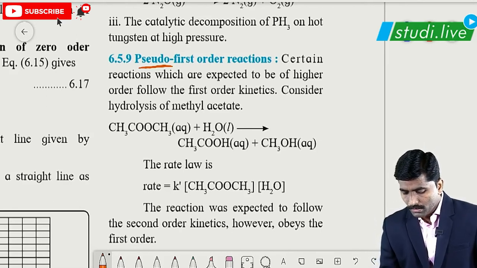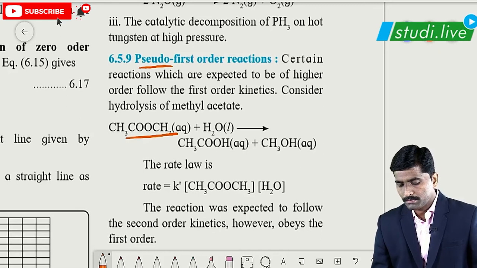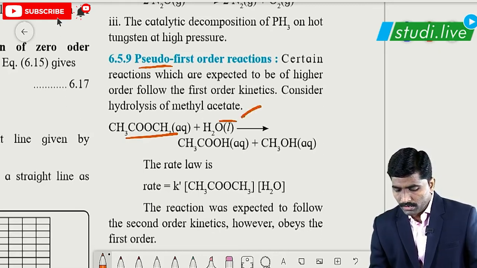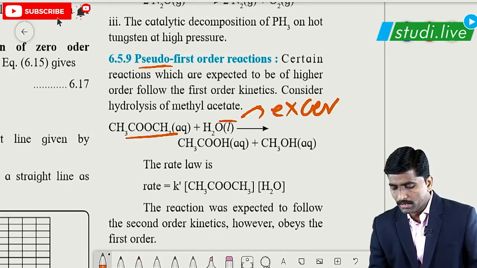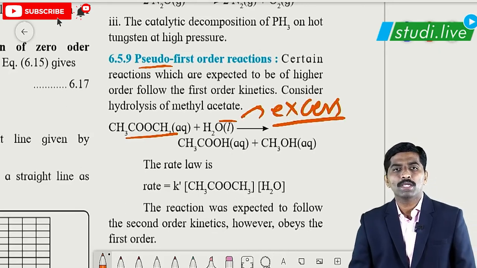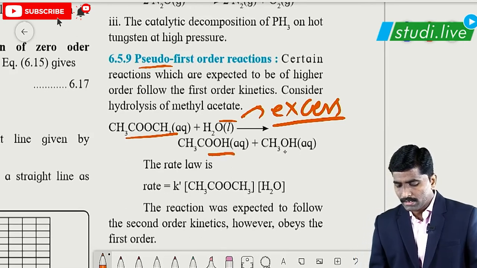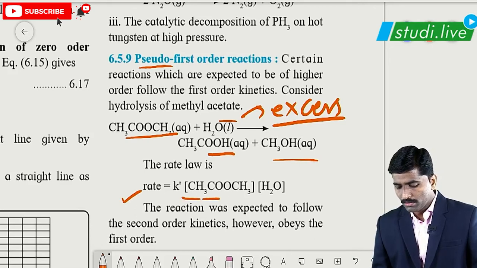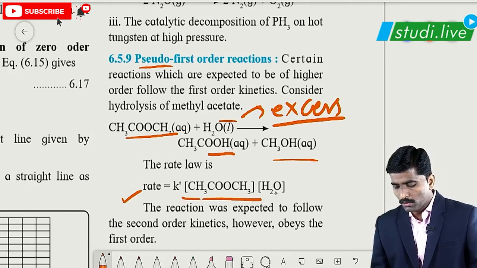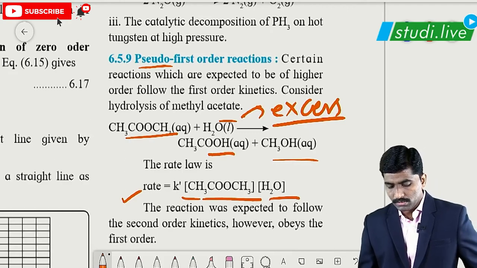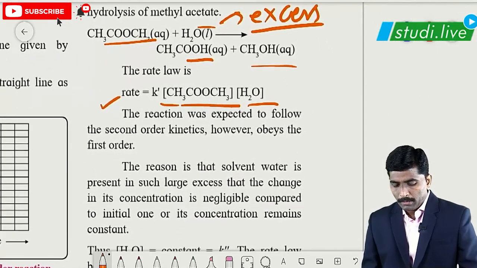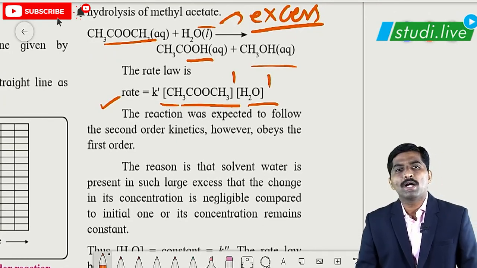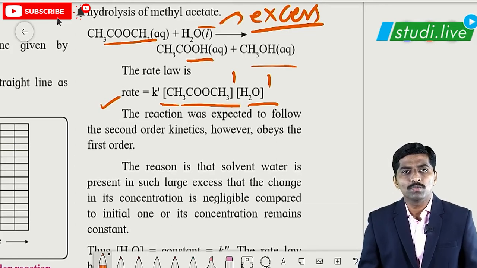For example, methyl acetate ester reacting with water, but water we consider in excess amount, which will give us acetic acid and methanol. The rate law we will express as concentration of methyl acetate, first reactant, concentration of water, second reactant, both terms raised to 1. So the actual order of reaction would be 2, correct?